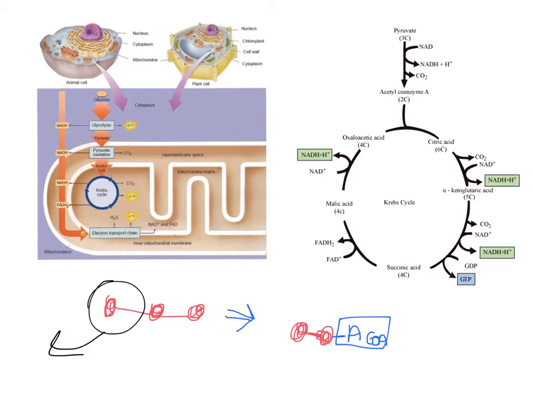And that's what allows it to enter the Krebs cycle or citric acid cycle. So taking those 2 leftover carbons and adding acetyl-CoA allows it to go into the citric acid cycle. We'll talk about that in just a second.